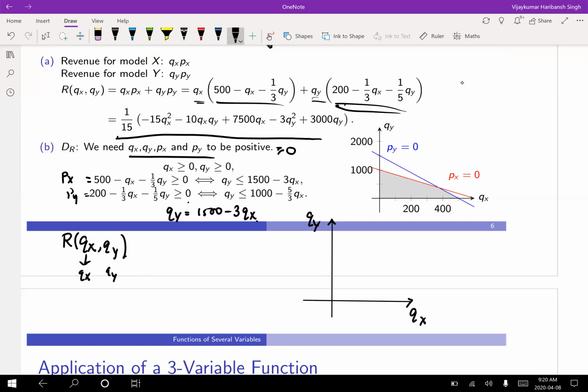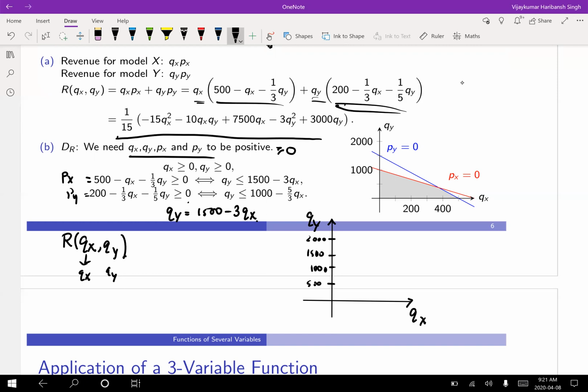So of course I have to scale the axes. So I will scale the axis as 500, 1000, 1500, and 2000.